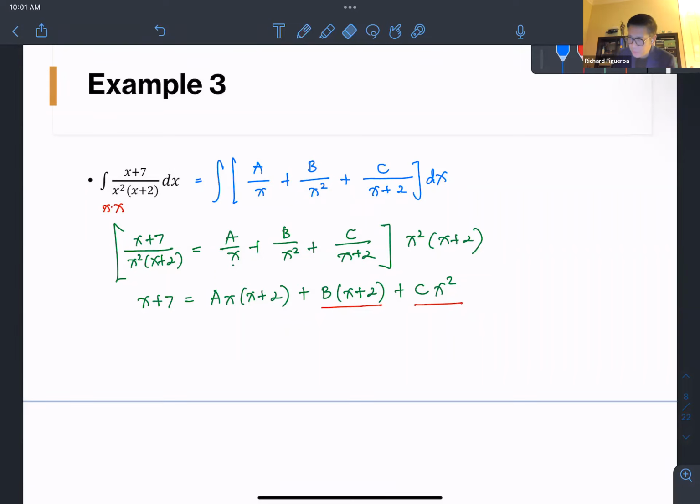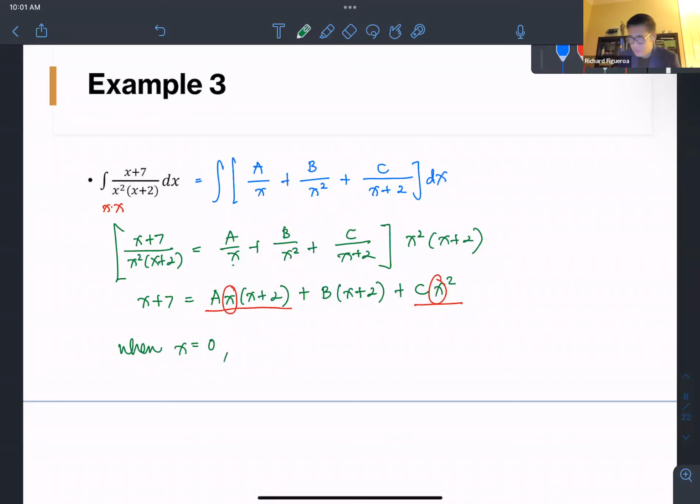So for the next one, let's try to get the value of b. To get the value of b, we look at a and c. So what is common? This one has an x, this one has an x as well. So common si x. So therefore, we can substitute that when x is equal to 0, we'll eliminate a and c.